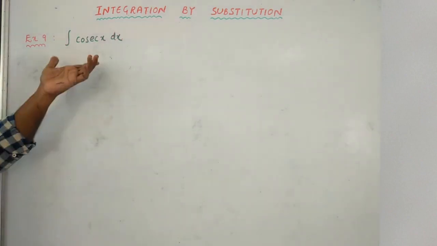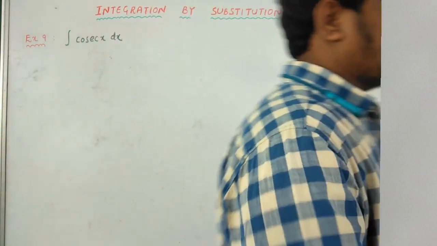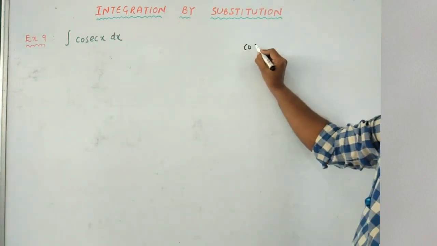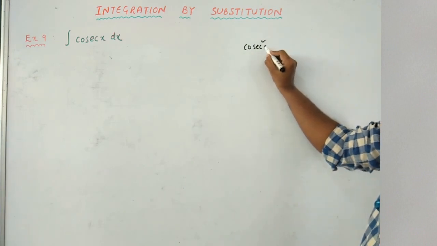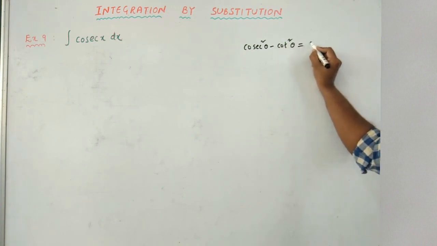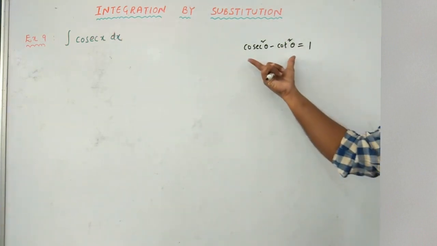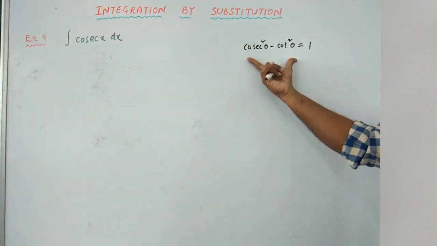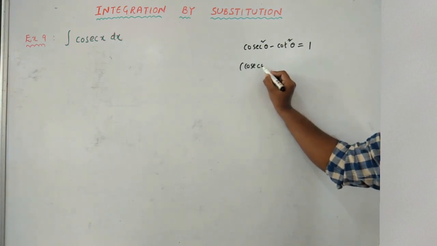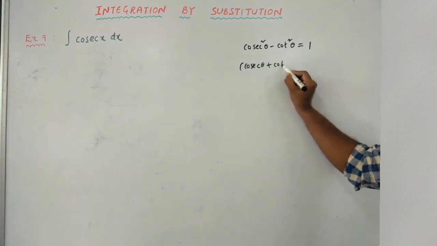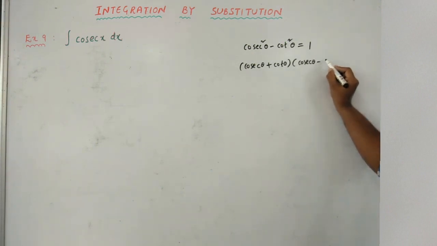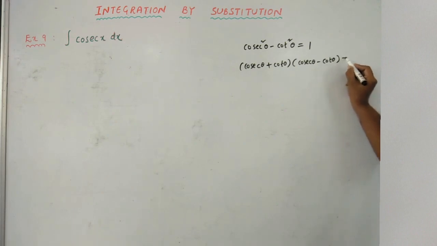Just before going to discuss example 9, see one formula that belongs to trigonometry. What is cosecant square theta minus cot square theta? It is 1. This is just like a square minus b square, which we can write as a plus b into a minus b. So cosec theta plus cot theta into cosec theta minus cot theta is equal to 1.